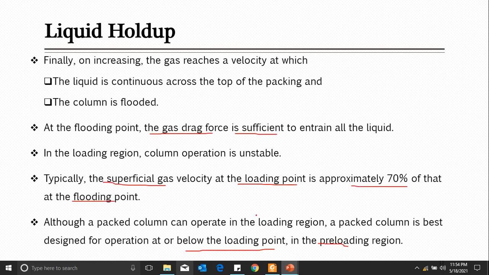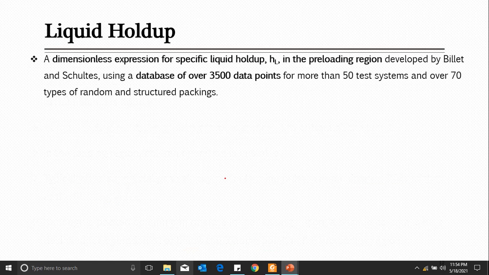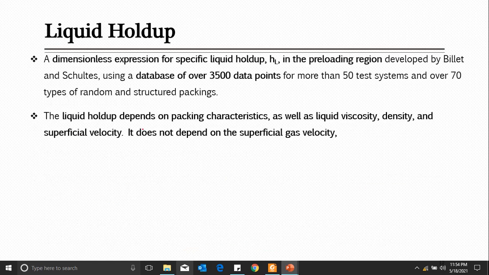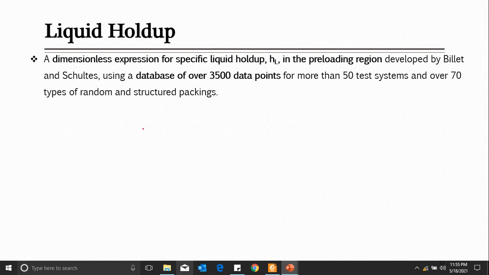Up to here we have discussed what liquid holdup is and how it is affected by the vapor or the liquid flow rate. All this discussion and these diagrams, as I already said, were provided by some scientists.